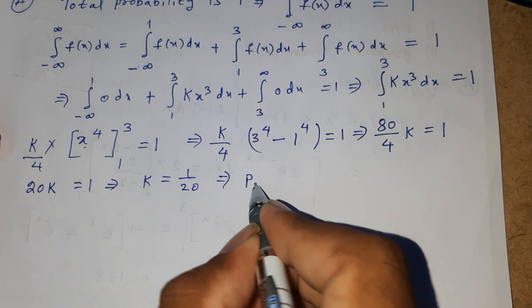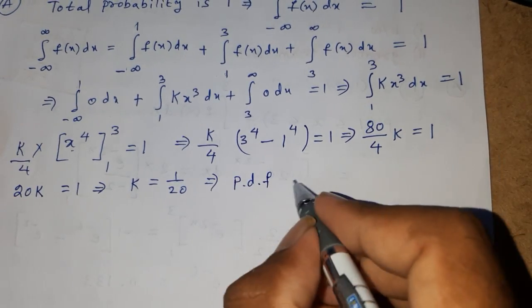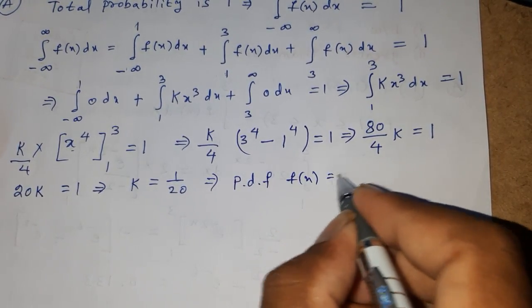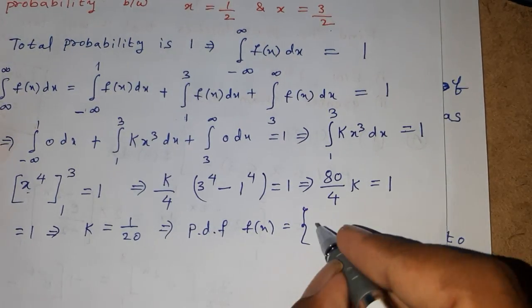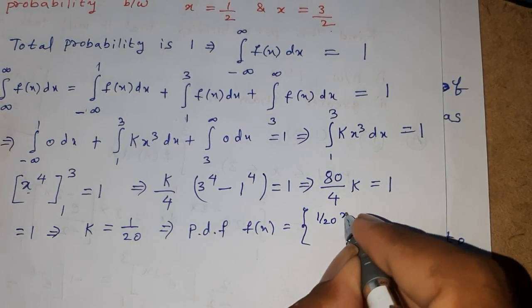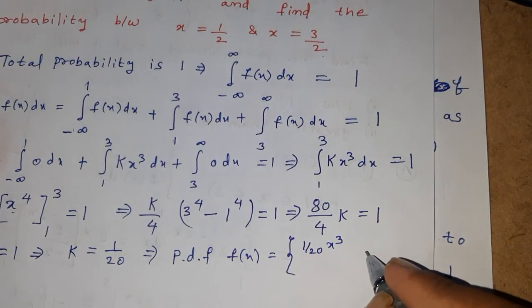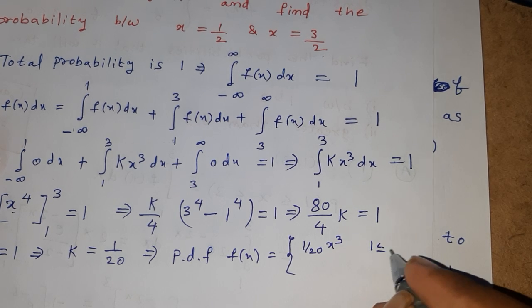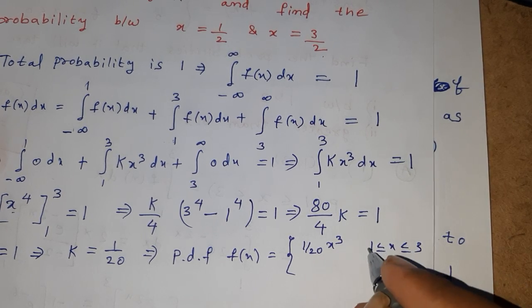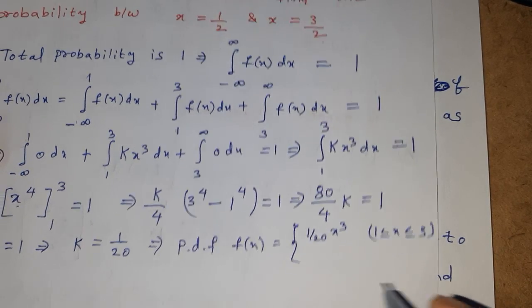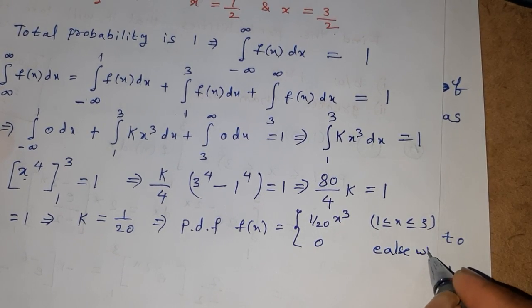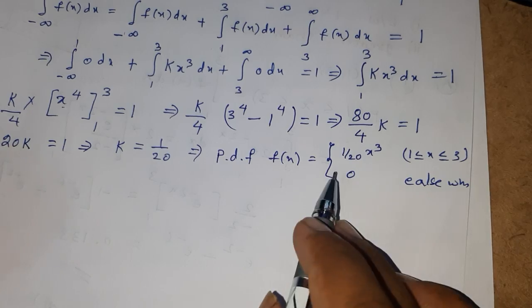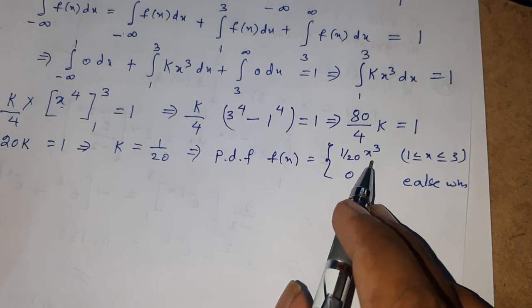Therefore the PDF is defined as f of x equal to 1 by 20 x cube when 1 is less than or equal to x is less than or equal to 3, and 0 elsewhere. This is the probability density function, 1 by 20 x cube.